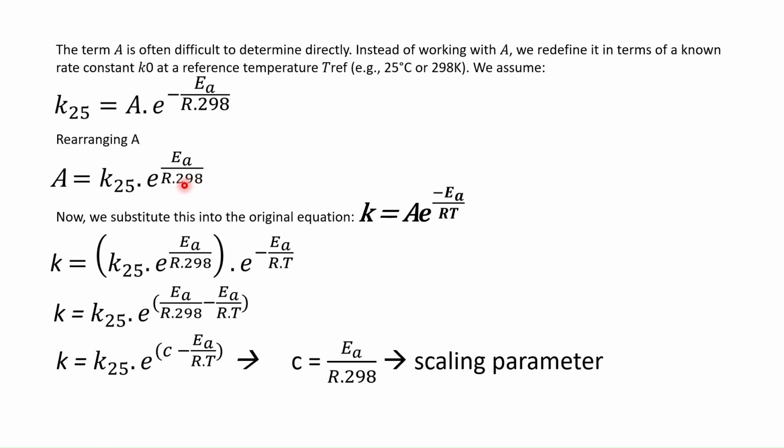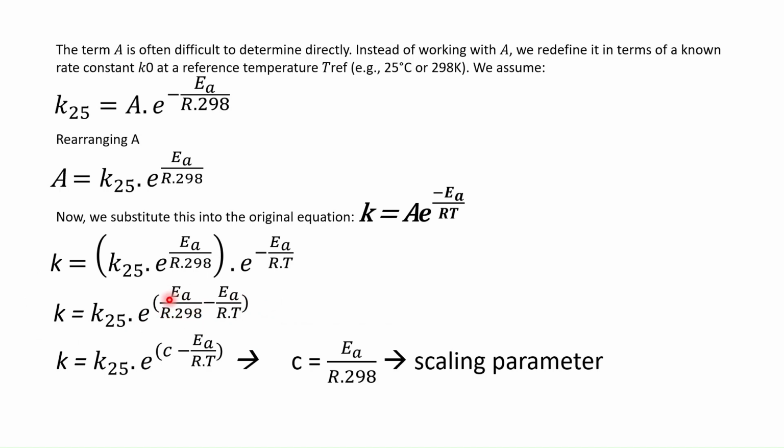Now when we substitute this value of A in the main Arrhenius equation, we get the rate constant equal to k25 e to the power Ea by R into 298, times the other exponential term. With some more rearrangement, we get it in this form.